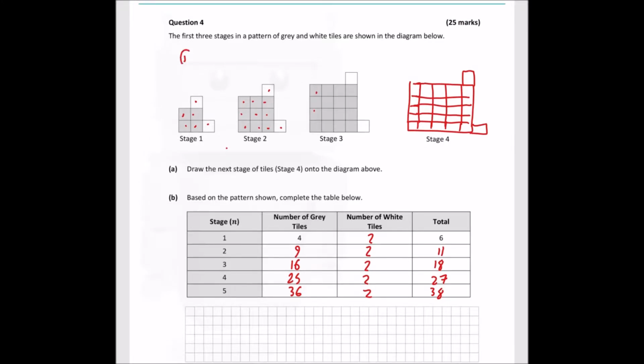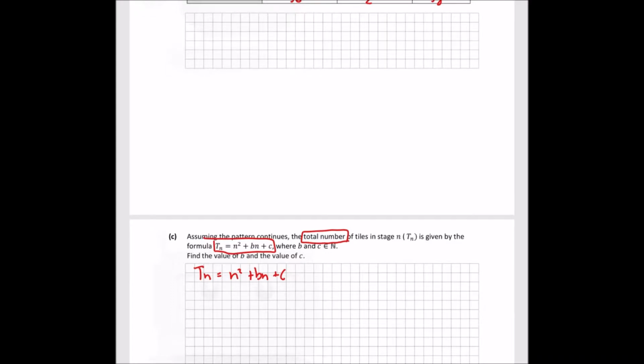On my first pattern, there is 1, 2, 3, 4, 5, 6. So my first pattern has 6 tiles. So that means if I put in 1 for n, I should get back out 6.